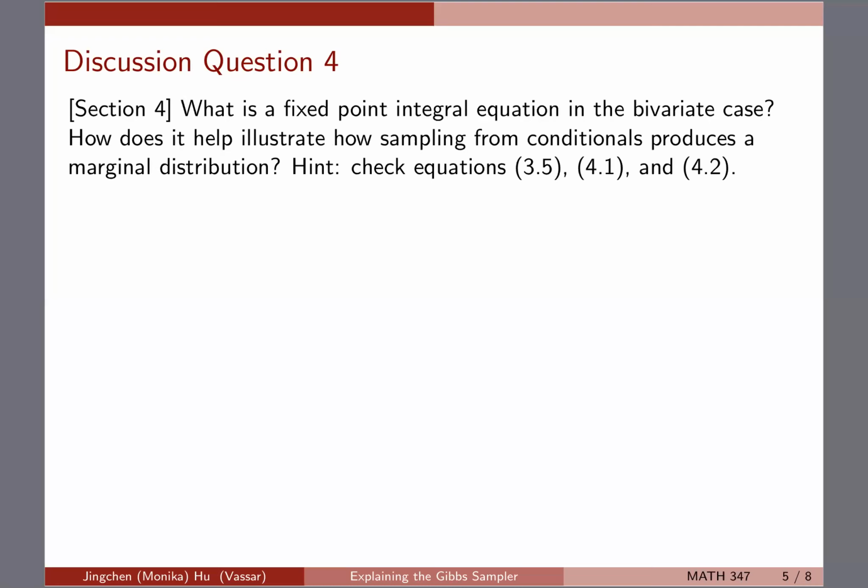So they were saying that this particular form, the fixed point integral equation, is going to be a limiting form of 3.5. So if you go to 3.5, you will realize that that's the case. So 3.5 is showing from the start, right? Like x0 to xt or xk. Yeah, that's what they're doing.